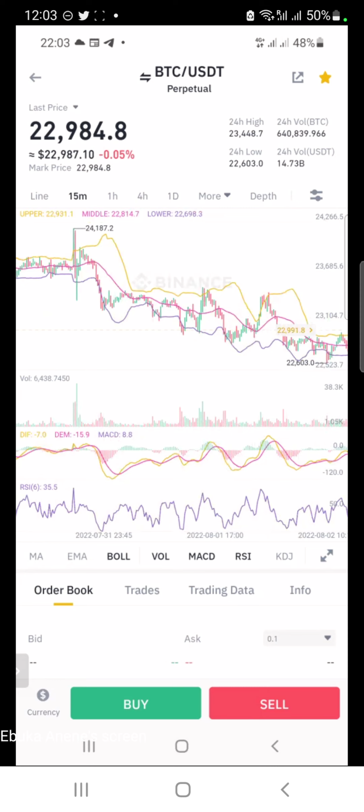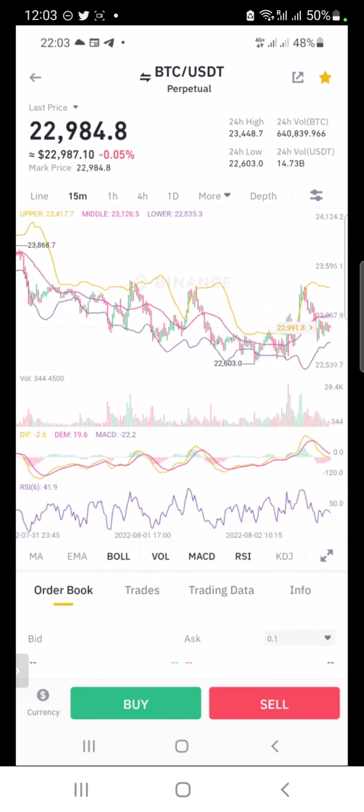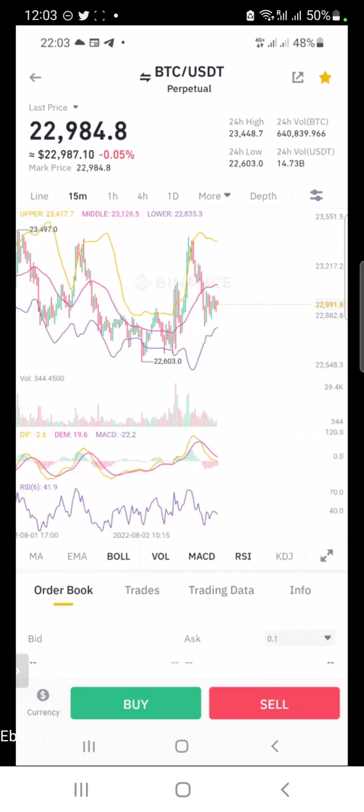Is the market now going backward? I said that if price breaks 23.4, you know that it has broken now and starts going up.